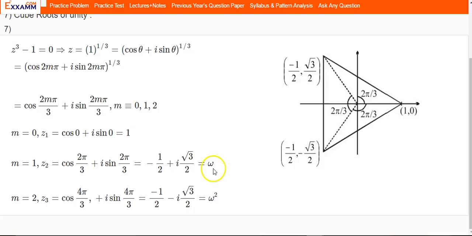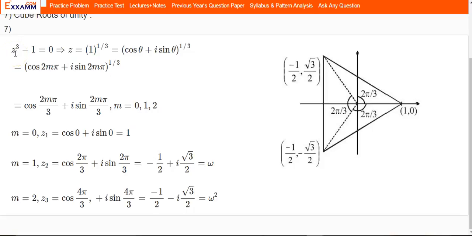And another thing is that omega cube would be equal to 1, because omega is a root of this equation z cube is equal to 1. So if we put omega here, we get omega cube minus 1 is equal to 0, which implies that omega cube is equal to 1. And omega square is also a root of this equation, so omega to the power 6 is also equal to 1. What does it mean?